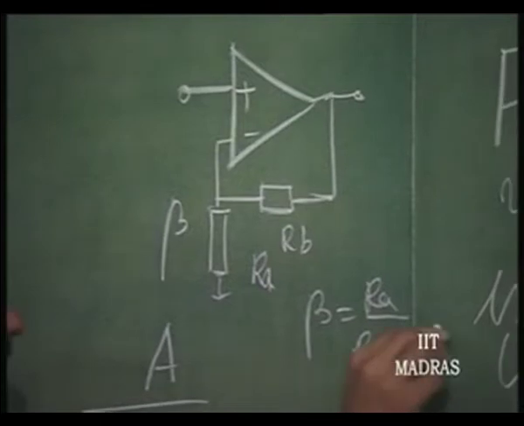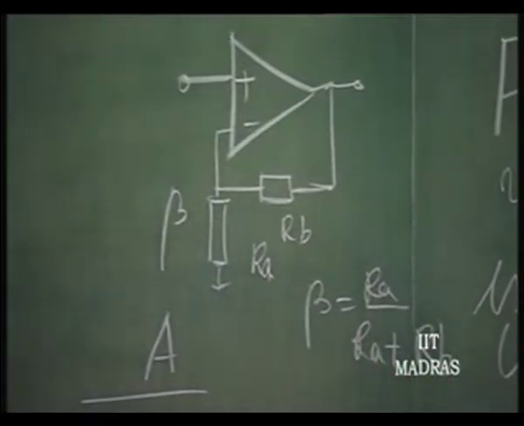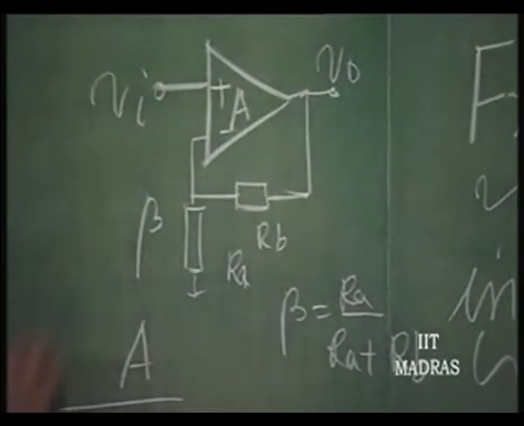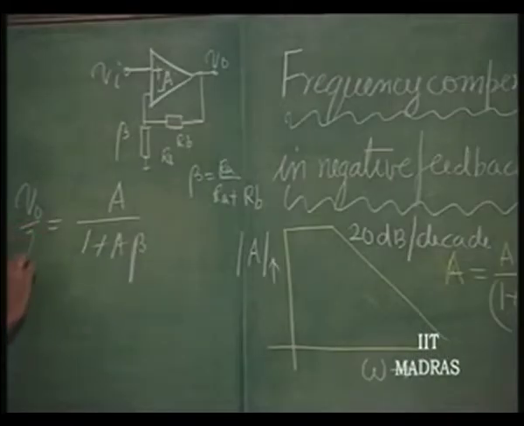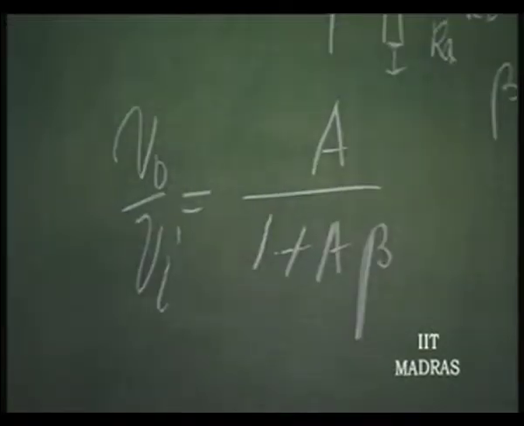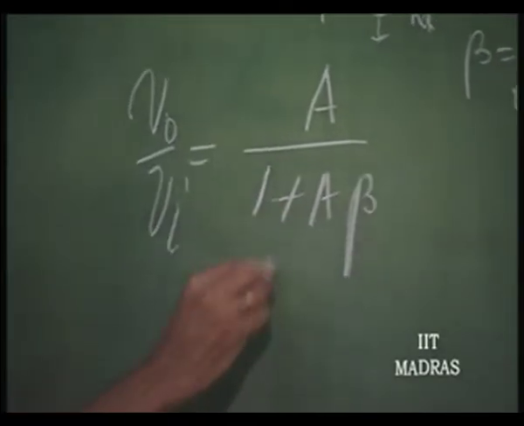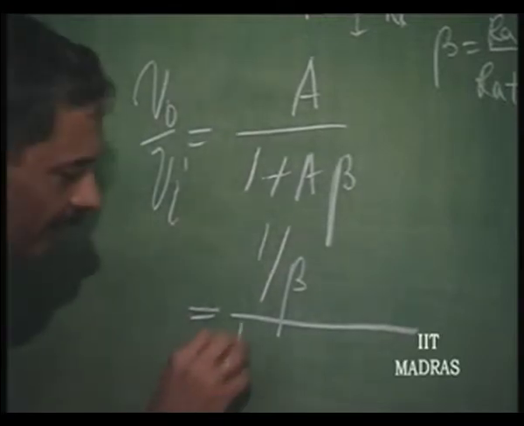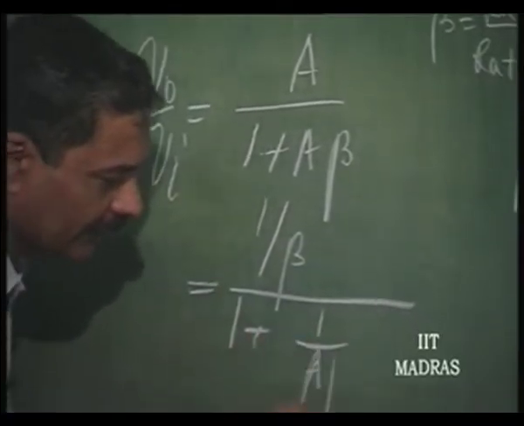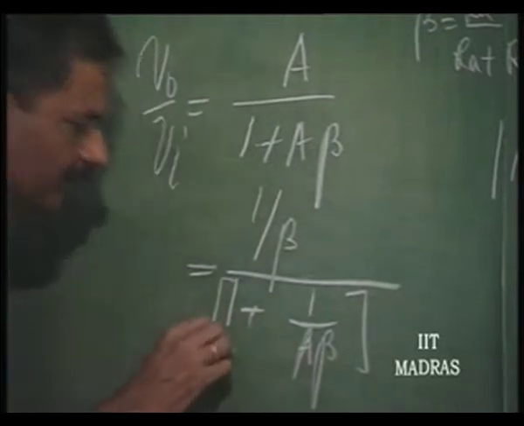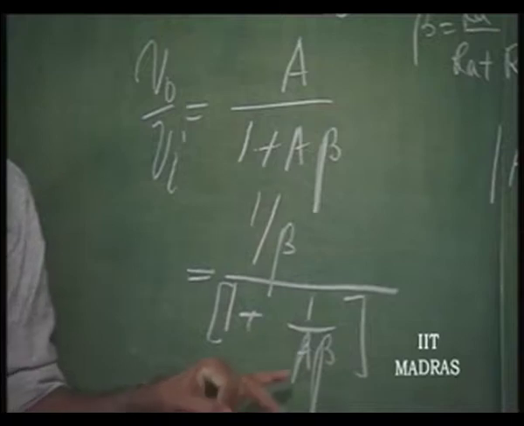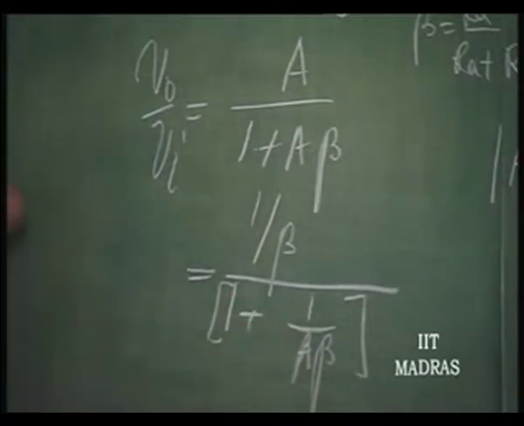All these things we have earlier understood. So, the gain V naught over V I, which we also derived earlier, dividing by A beta throughout, is 1 over beta, which is the ideal gain, divided by 1 plus 1 over loop gain. This is important. The error is always 1 over 1 plus 1 by loop gain.